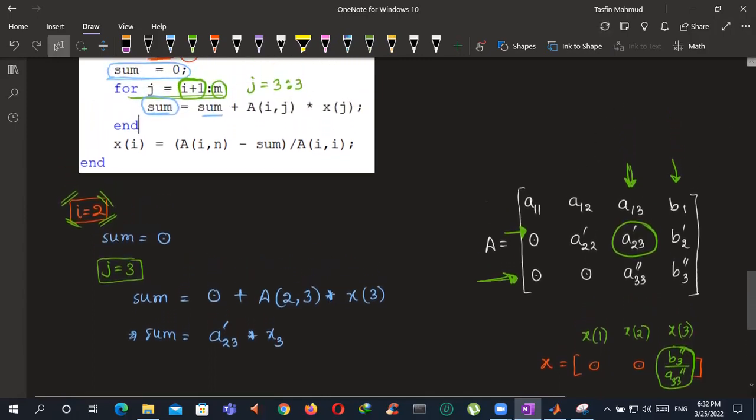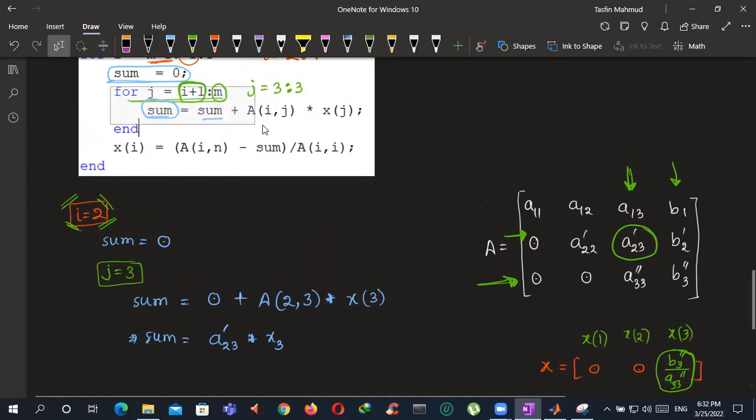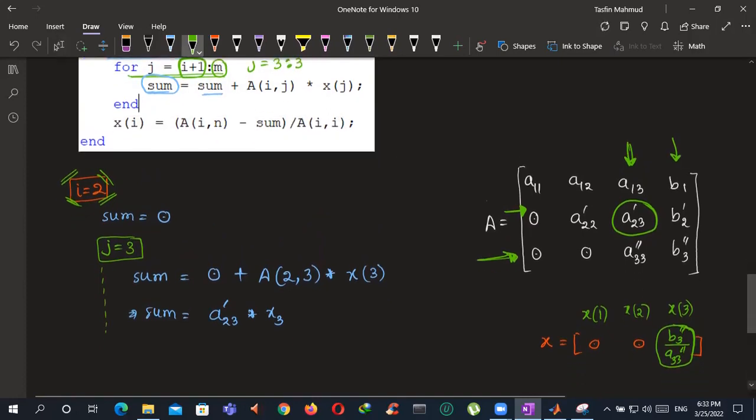So for j equals 3, the inside loop is done. Then we break from this loop. And for the outer loop, we are calculating xi. The value of I is 2, so x2 is equal to ai comma n minus sum.